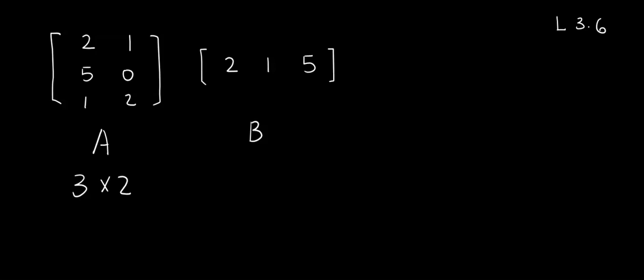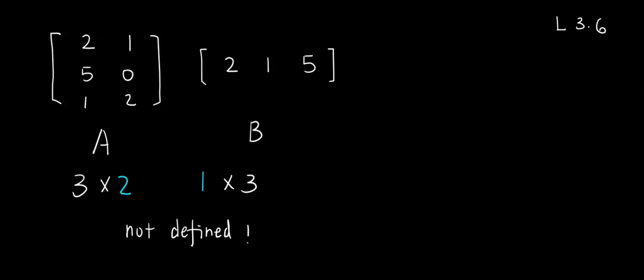Matrix B, rows 1, columns 3. Now, we come here to look at these 2 numbers. They're not equal. Therefore, we cannot multiply these 2 matrices. We simply say it's not defined or undefined. That's all we need to write.